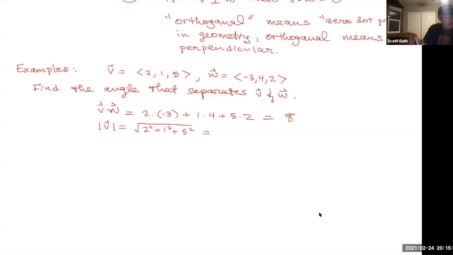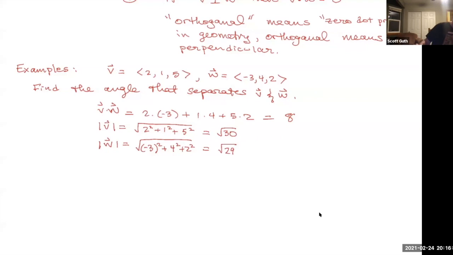So I get the square root of 30 there. And then the magnitude of w is the square root of negative 3 squared plus 4 squared plus 2 squared. Okay, so I think that's 9, 16, 4, that's square root of 29, I think.